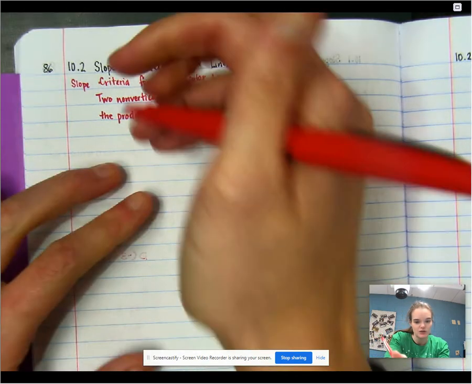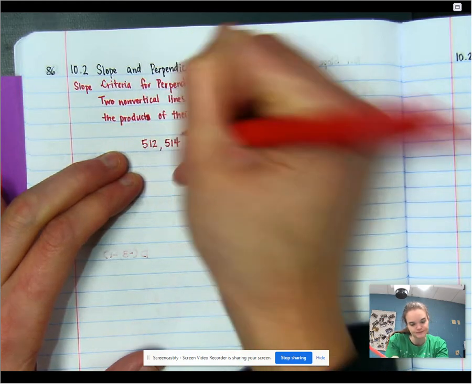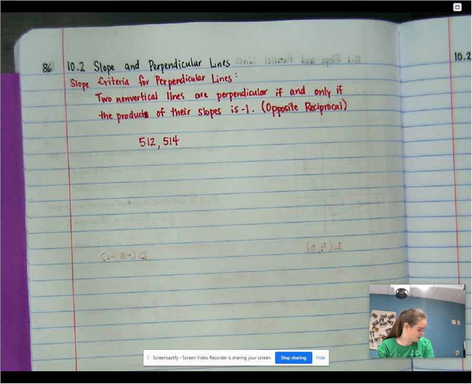You are going to rip out page 512 and 514. You will also need a small piece of graph paper if you're in class. I've given you a little note card, or we'll be giving you a little note card. If you're at home, you're going to need to make a piece of graph paper, or grab graph paper if you have some.